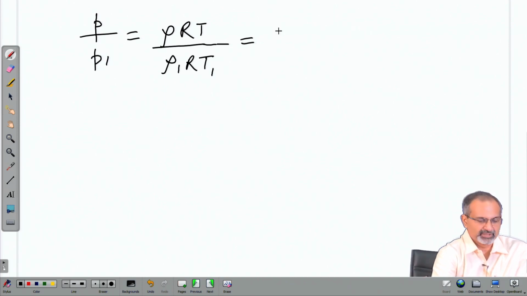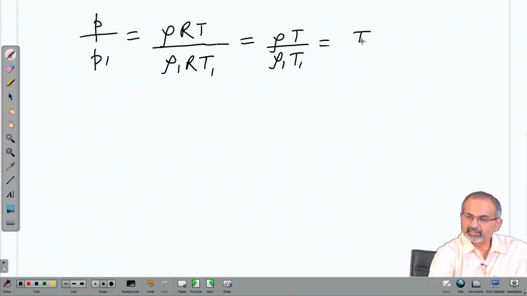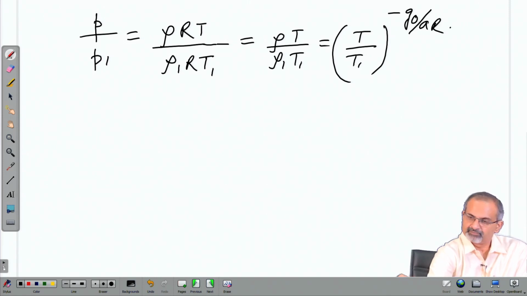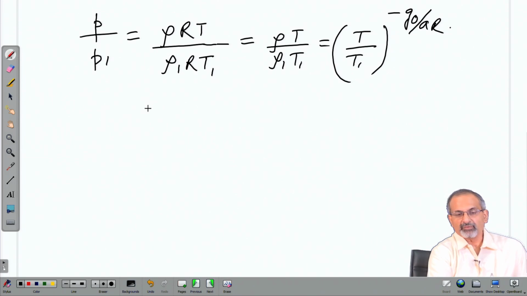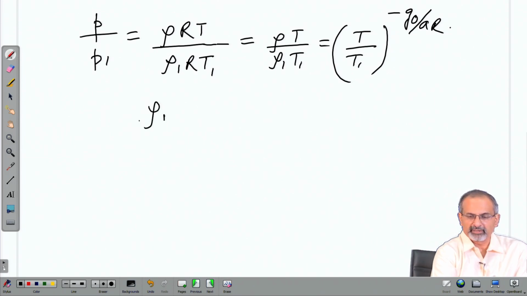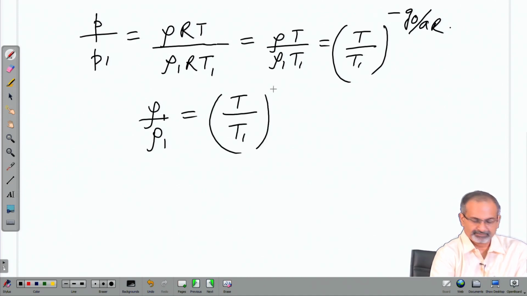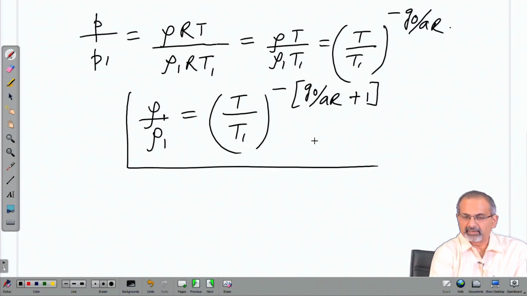So, what you will be left with is rho T by rho 1 T1, which again is equal to this. Therefore, finally, an expression for rho by rho 1, which will be given by this. This is again an important equation.